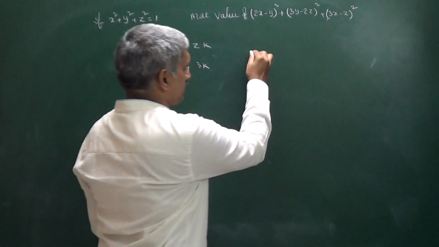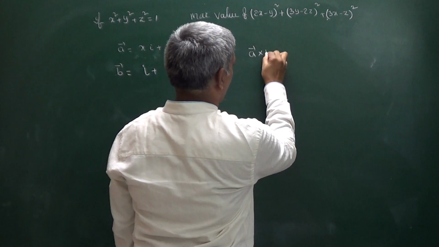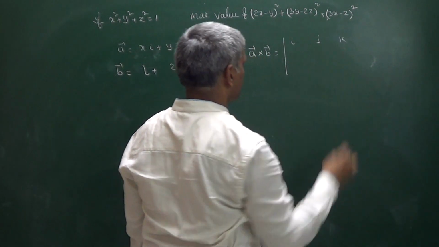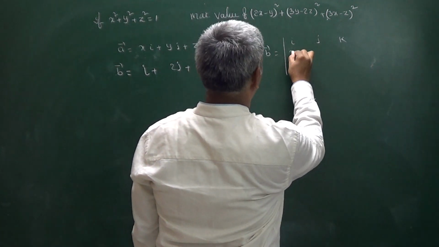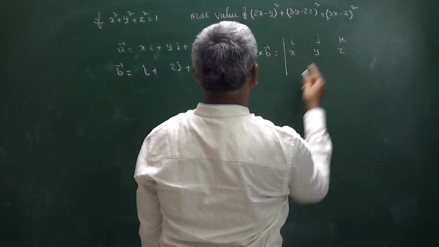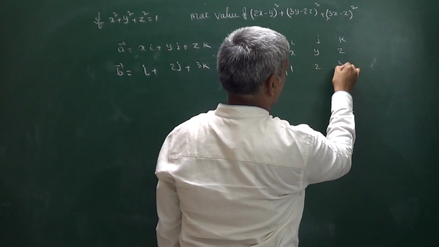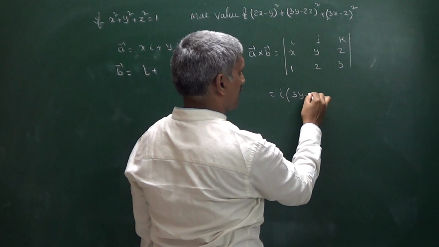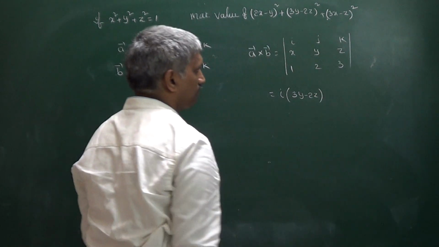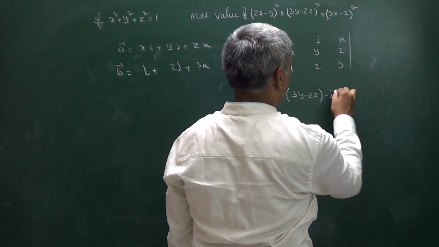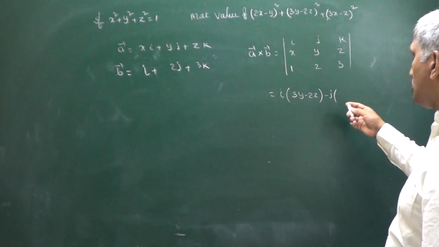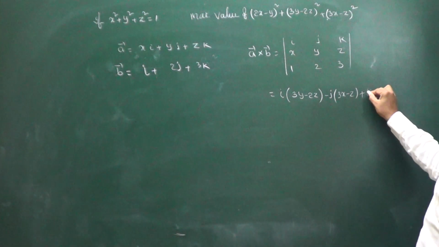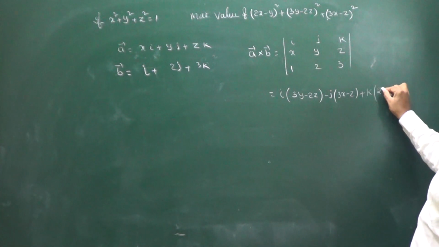Now you can check those two cross product. That means A bar cross B bar is equal to the determinant of i, j, k; here we write x, y, z and for B bar 1, 2, 3. Now tell me what about this cross product: i into (3y minus 2z) minus j into (3x minus z) plus k into (2x minus y).